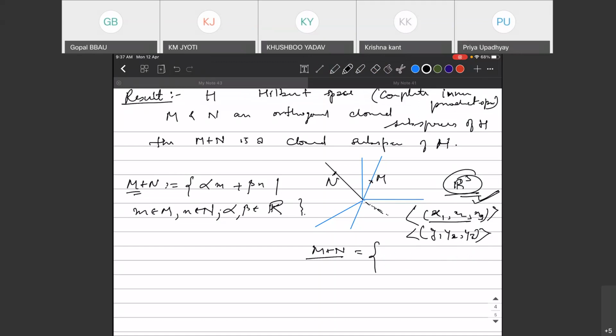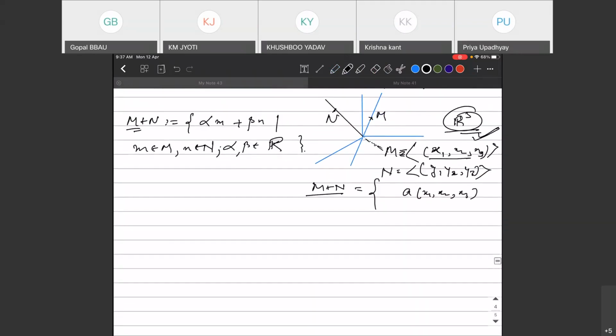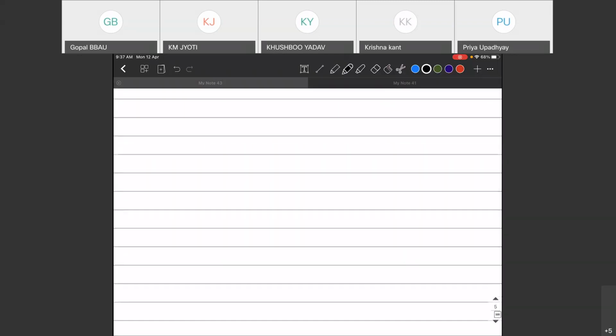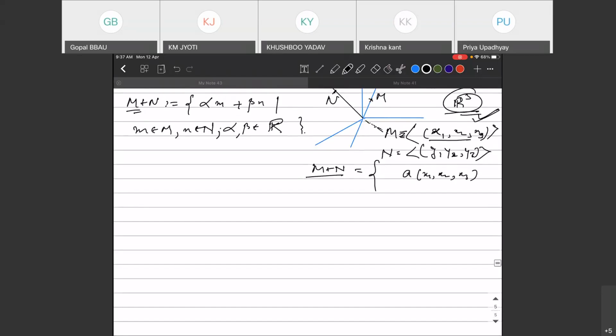Any vector in the subspace spanned by x1, x2, x3 is of this form: a times x1, x2, x3. Correct? Any vector coming from the subspace spanned by y1, y2, y3 is of the form b times y1, y2, y3, where b is a scalar and a is a scalar from R.